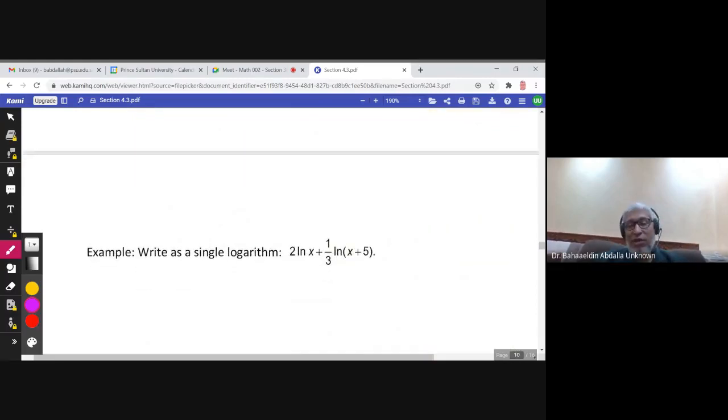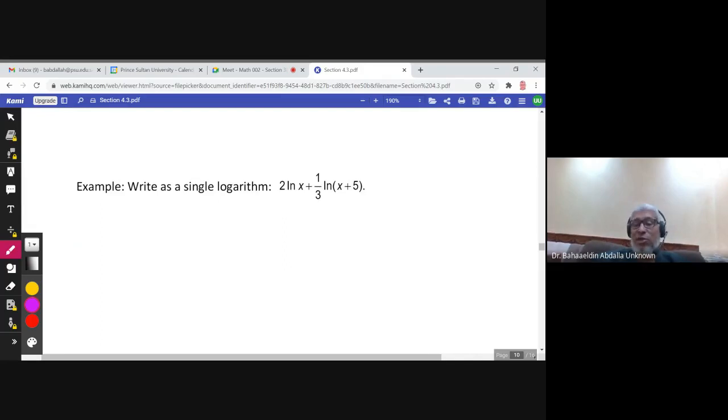Now you have 2 here and 1 over 3 here, so this is not good. What I can do is use the last property, the power rule, to write the 2 as a power of x. This should be your first step. And here also, x plus 5 would be to the power of 1 over 3.